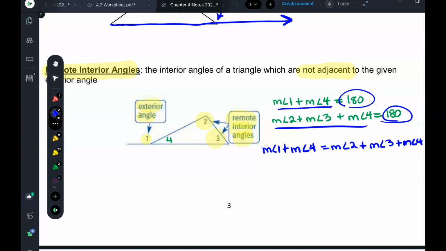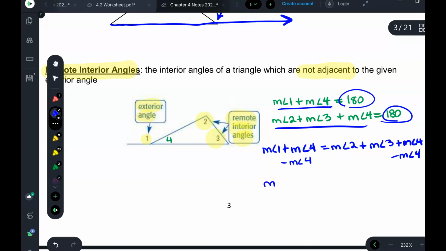What do you notice we have on the same side? 4. So what can you just do? Cross it out. I could just cross it out by subtracting. And what do I get for angle 1?